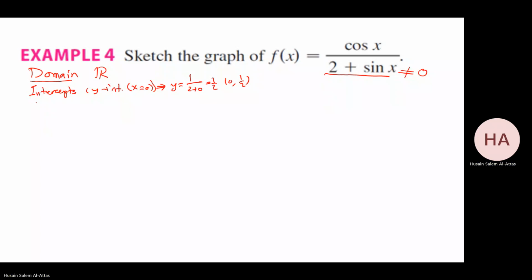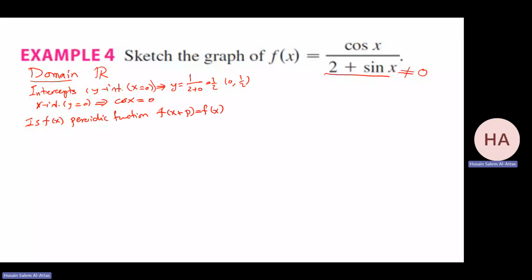All right. We need to be careful before we continue. I need to check, is this a periodic function? Is f of x periodic, which means f of x plus b equals f of x.